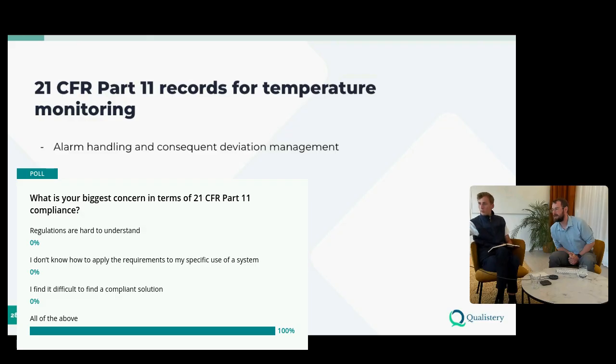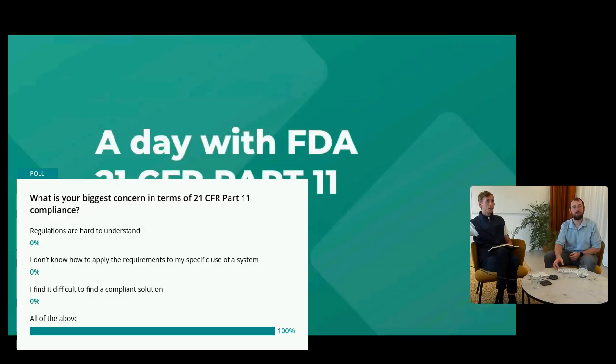We'll just come back to that in a moment, I think. Great. So while we wait for some more answers, we've compiled a sort of a date with FDA 21 CFR Part 11. We thought that the title was nice, at least. So basically, we've tried to say from our system, how would it look and what kind of implications does it have?